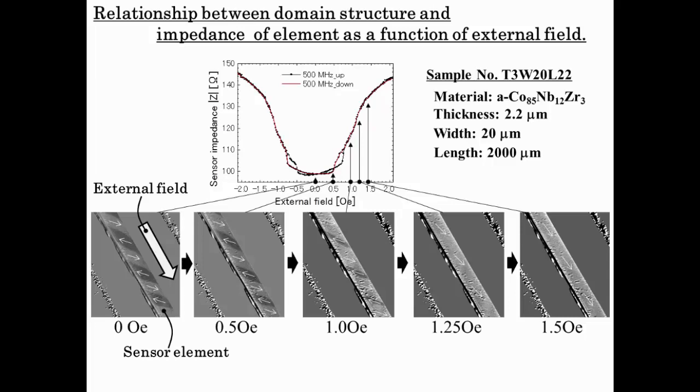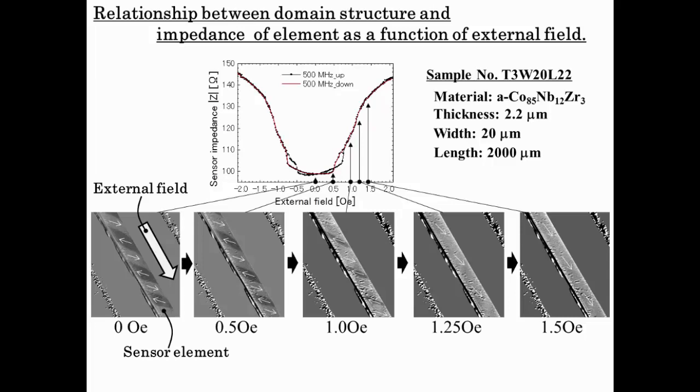In this case, the EZ-axis direction matches the domain direction. As the external field increases, the width of the domain changes and magnetization rotation also occurs, and simultaneously the impedance changes.